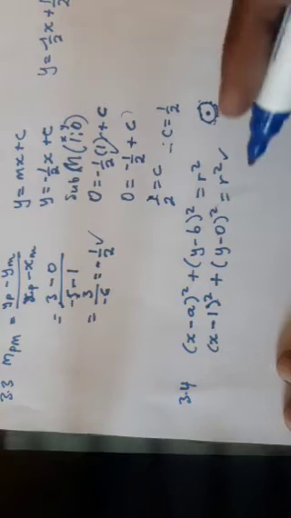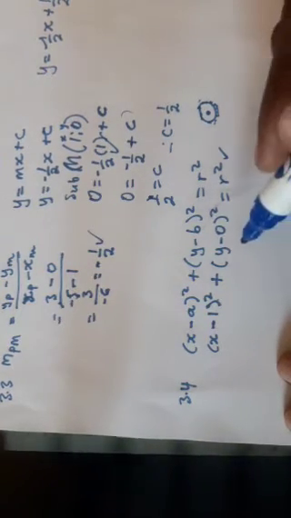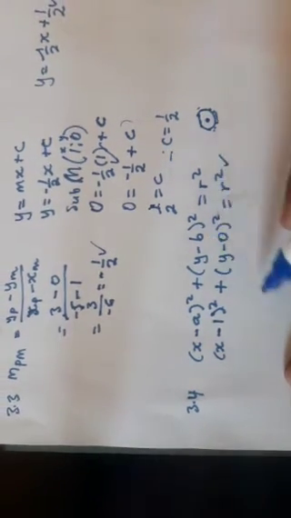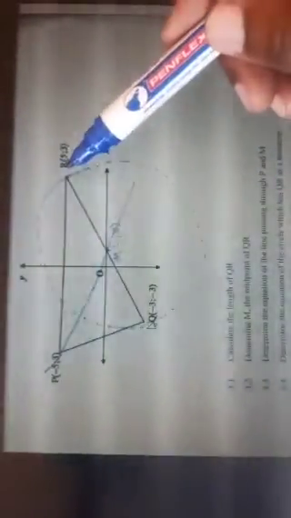To find the radius, we can use the x and y coordinates of a point on the circumference. The circumference passes through R and Q, so we substitute R on this line.